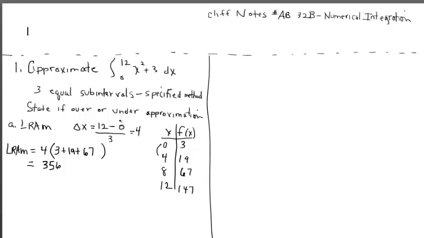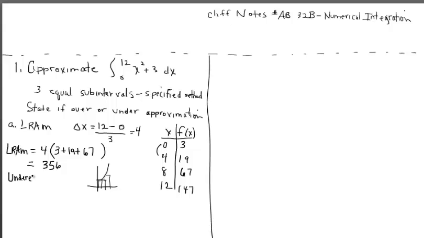Now we're going to state if this is an over or an under approximation. Remember, you're doing left rectangles on an increasing curve. So just a real quick sketch of that. If you're talking about this quadratic, let's get a visual here. If you're doing left rectangles on a quadratic, your rectangles are going to fall below that increasing curve, so you have an underestimate.